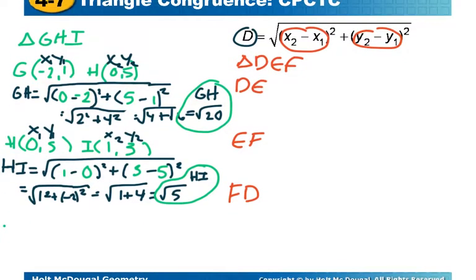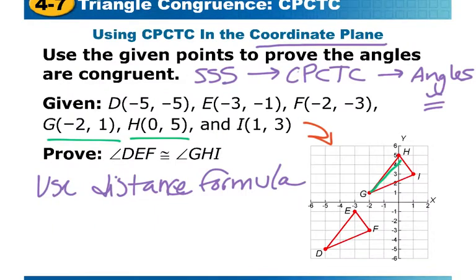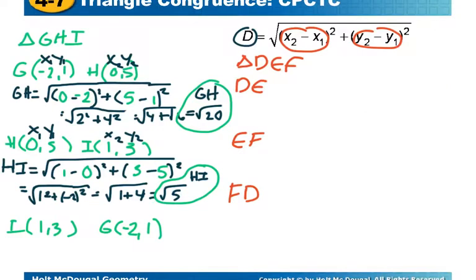Alright, then the last one, we're going to do I and G. So we need the coordinates of those two. We have an I of (1, 3) and a G of (negative 2, 1), which we'll plug in. Again, these are our x and y for the first point and our x and y for the second point.